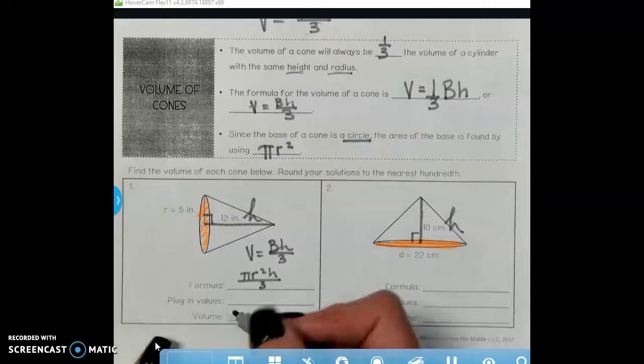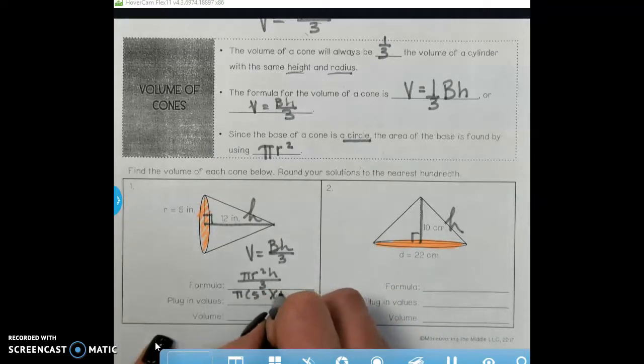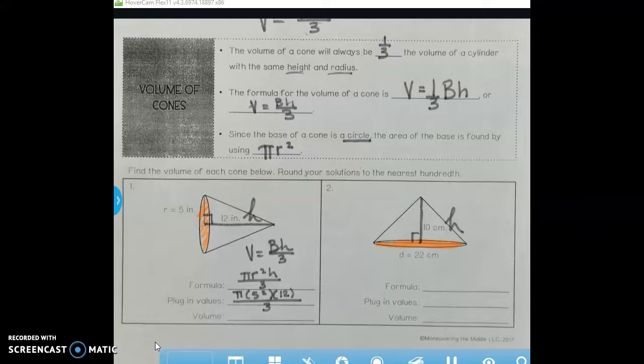Let's plug in our values. Pi times 5 squared times 12 divided by 3. As always, my suggestion is to reduce the numbers as much as you can.